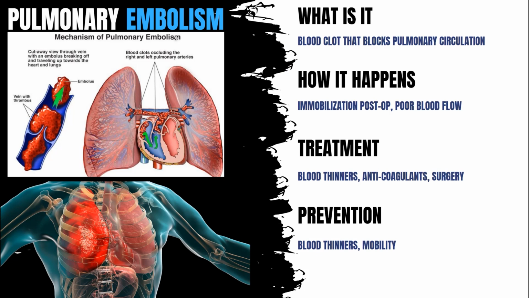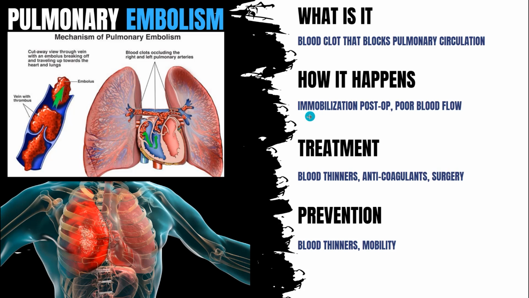All right, so the next avoidable complication is a pulmonary embolism. It's very much like a fat embolism, but it's a different type of blockage. It's from a blood clot that can break off and travel through your vascular system, through your veins, all the way back to the lungs, and it can cause blockage there. If it does, it can be life-threatening if it blocks your pulmonary vein, preventing proper oxygenation of your other tissues.